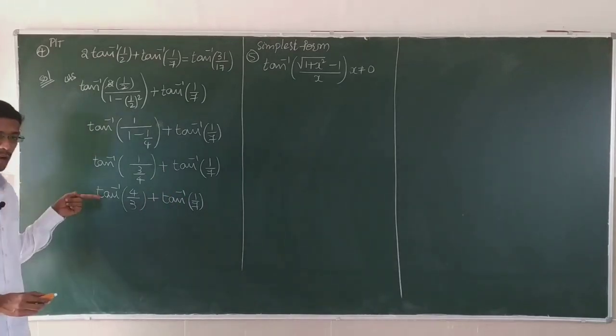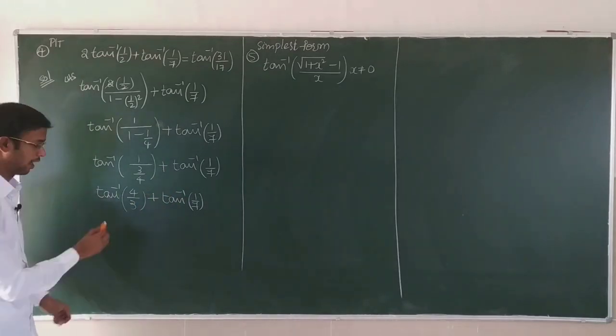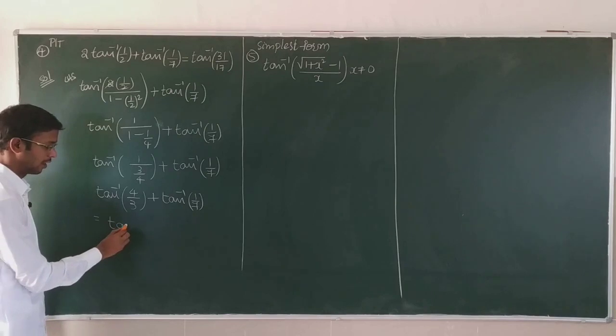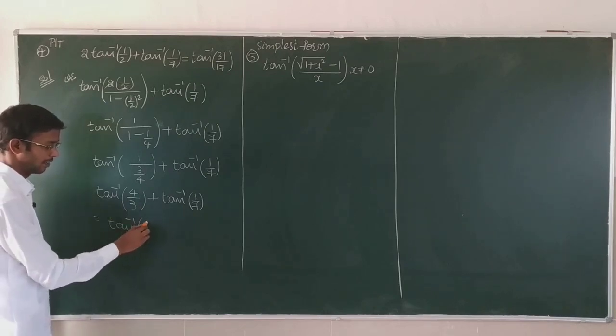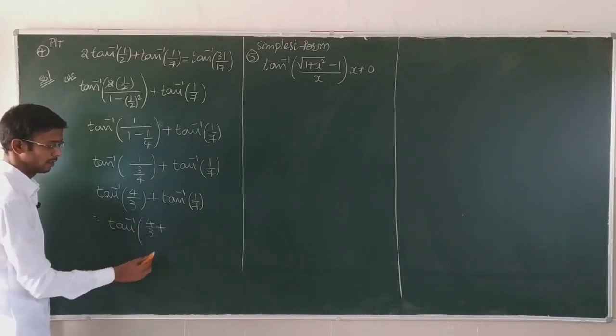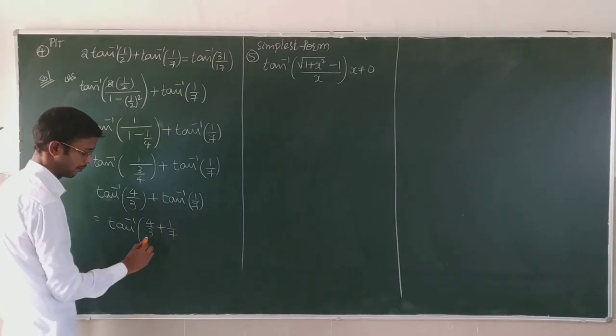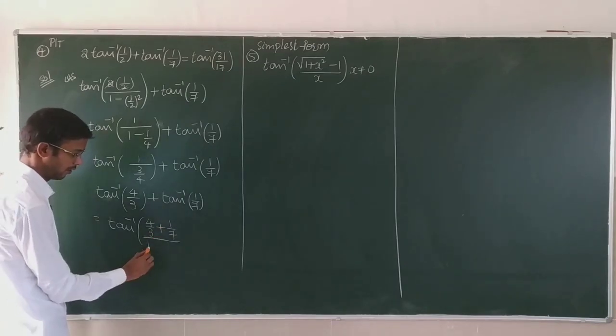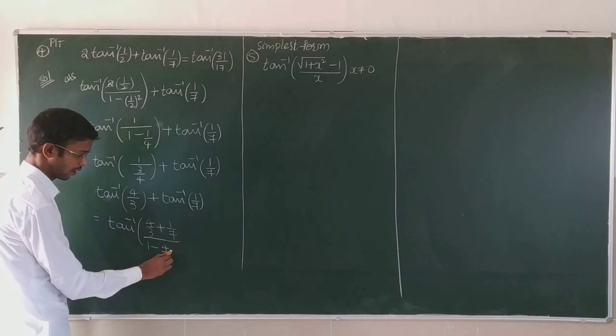Now it is in the form of tan inverse x plus tan inverse y. The formula is tan inverse of x plus y divided by 1 minus xy.